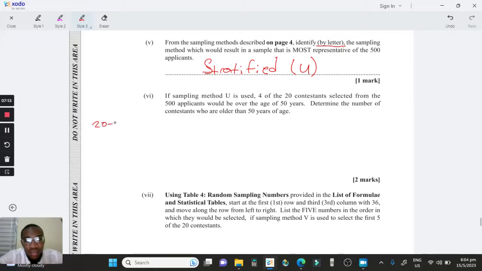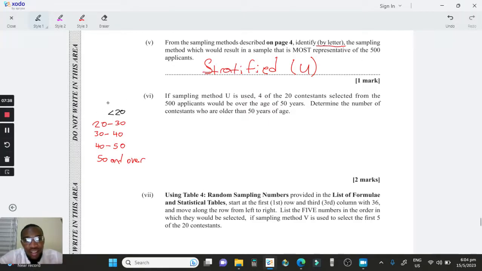No problem. So what they're saying is if you break it up into the different strata, I don't know what the strata are, maybe 20 to 30, maybe 30 to 40, maybe 40 to 50, and then 50 and over, and maybe even a group less than 20, let's say 18, 19 years old.